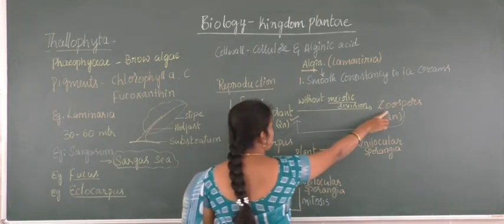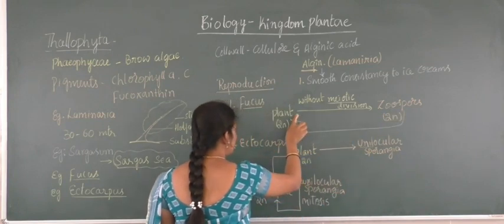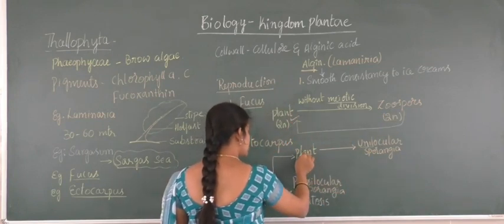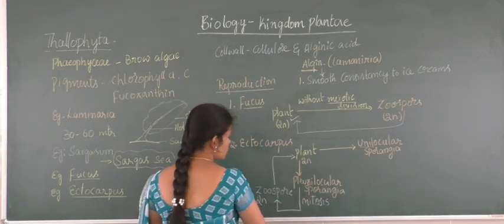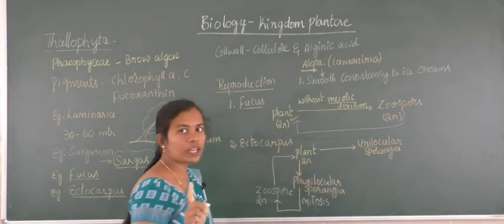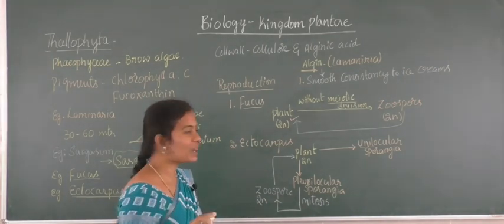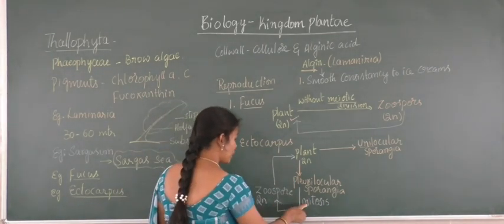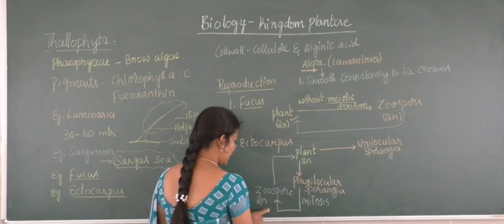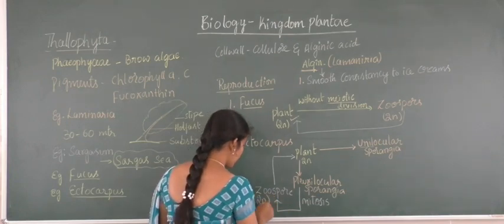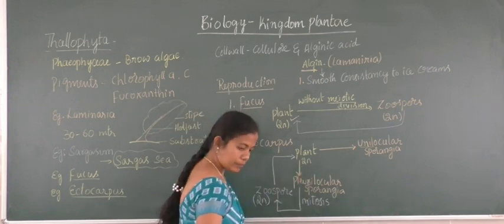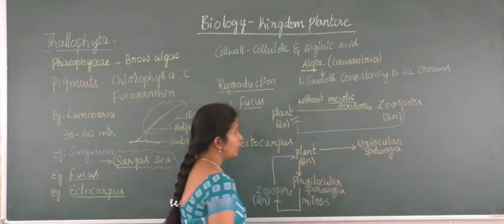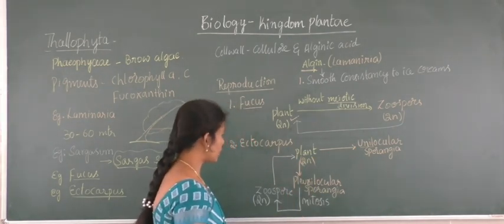The zoospores will develop into a new plant body. The only difference is the formation of plurilocular sporangia, which undergoes mitosis, later forms zoospores with the 2n condition, and they develop into a new plant body. This is about the plurilocular sporangia.